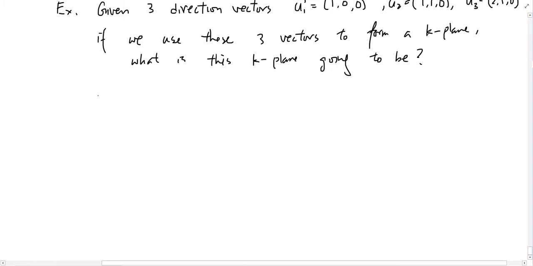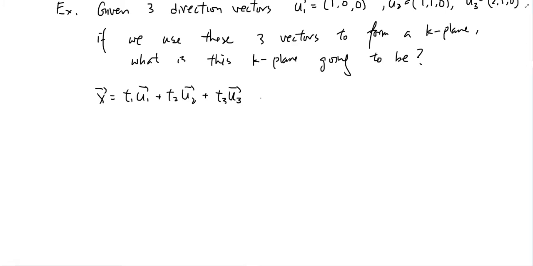I'm going to define my 3-plane to be vector x equal to t1 vector u1 plus t2 vector u2 plus t3 vector u3, plus there's no base vector, so I'm just going to leave it out. Wouldn't that form a 3-plane? If you don't think too much into it, that does seem like the right answer, but it's not in this case.